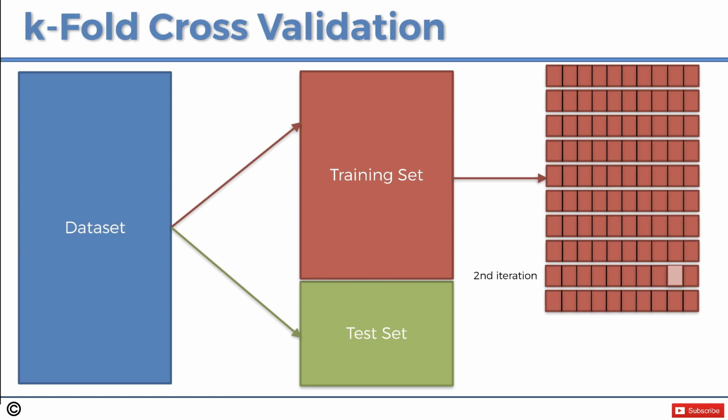And since with 10 folds we can make 10 different combinations of 9 folds to train the model and 1 fold to test it, that means that we can train and test the model on 10 combinations of training and test sets. And that will already give us a much better idea of the model performance, because what we can do afterwards is take an average of the different accuracies of the 10 evaluations and also compute the standard deviation to have a look at the variance. So eventually, our analysis will be much more relevant.